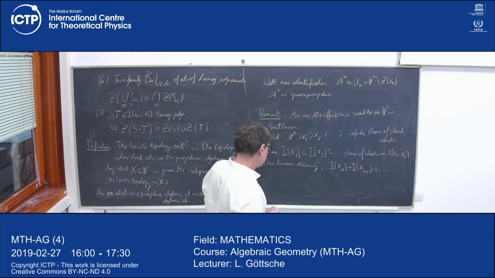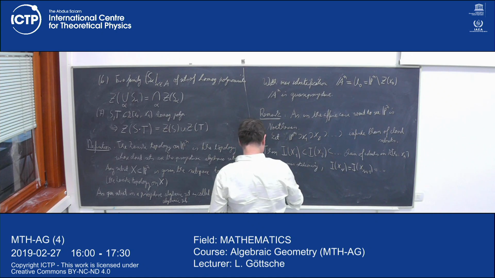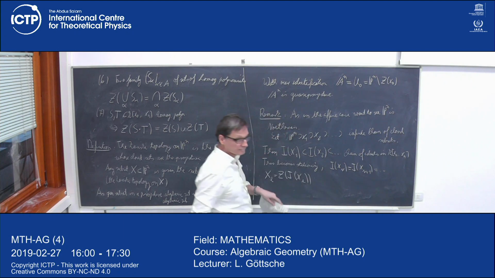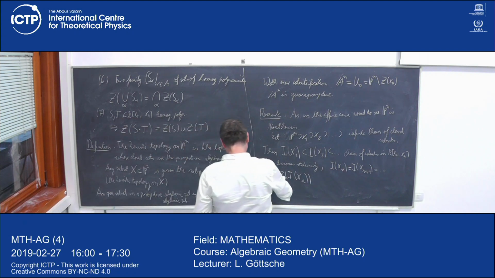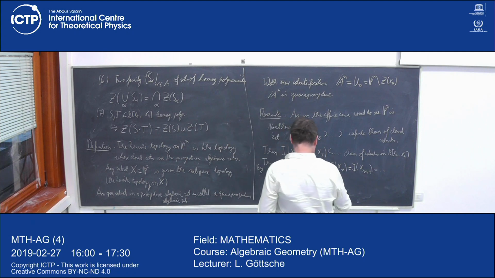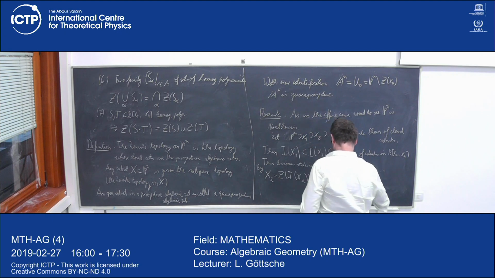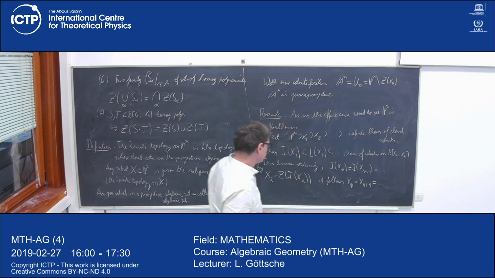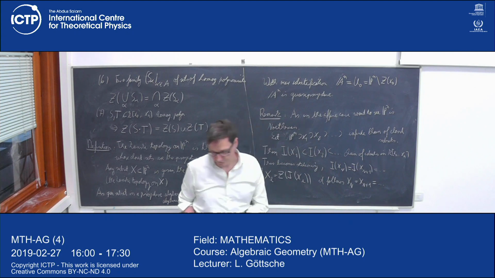And as we know that Xl is equal to the zero set of the ideal of Xl, it follows that Xn is equal to Xn+1, and so on. So the chain of closed subsets becomes stationary, which means that it's a Noetherian topological space.